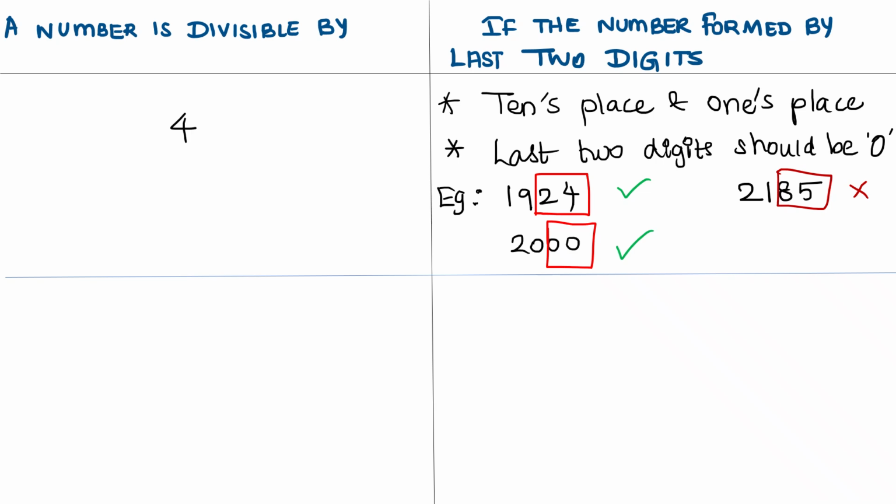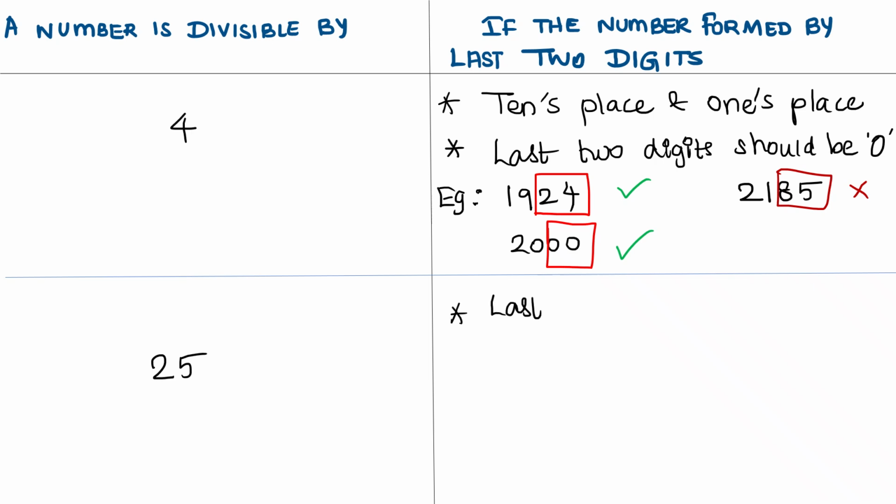Next we will see the divisibility rule of 25. The last two digits should be divisible by 25. What are the conditions?